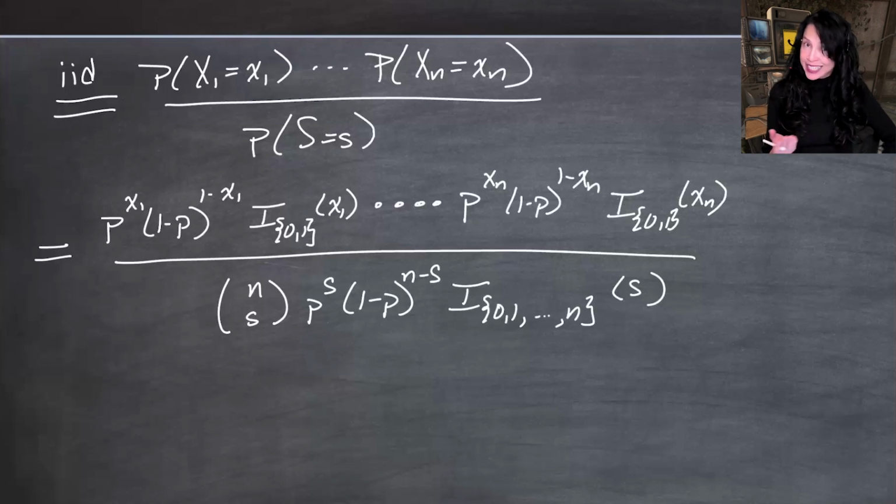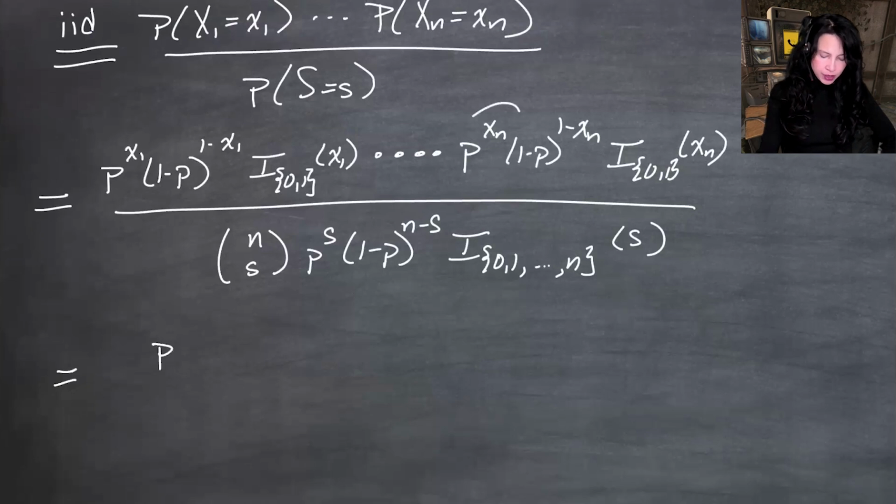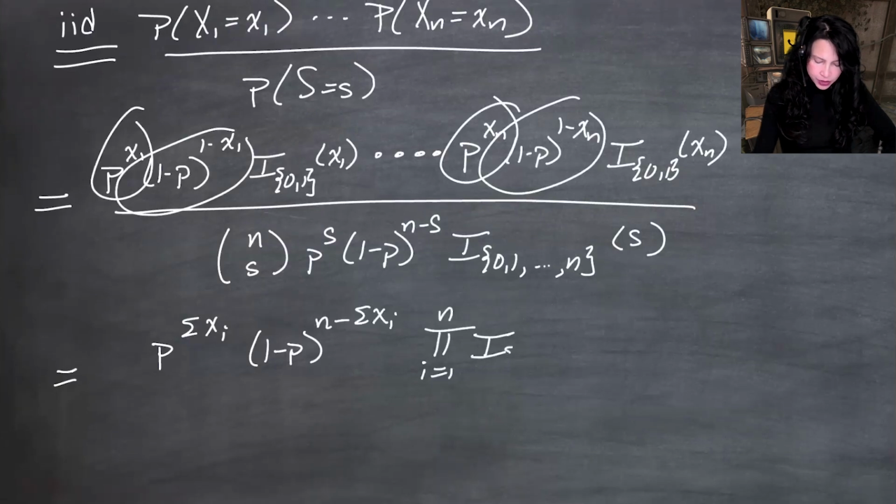Right now, this ratio appears to depend on p, but let's move things around. Let's put all of these p's together. So I'll get p to the sum of the xi and all of the 1 minus p's together. So I'll get 1 minus p to the n minus the sum of the xi, and then a product of indicators.